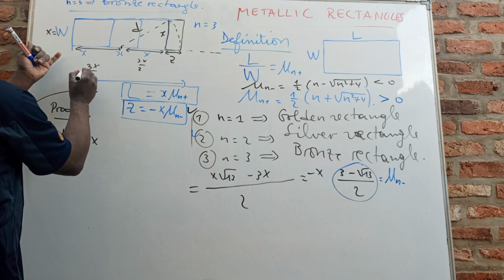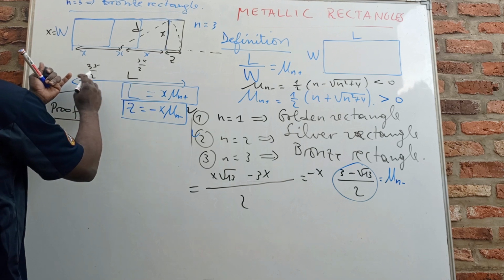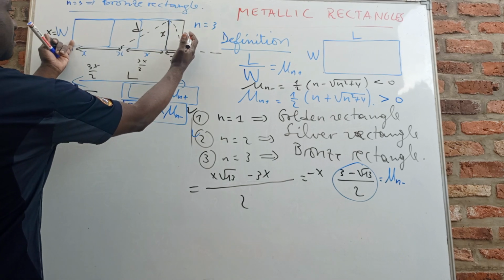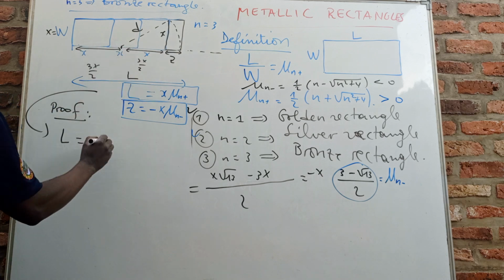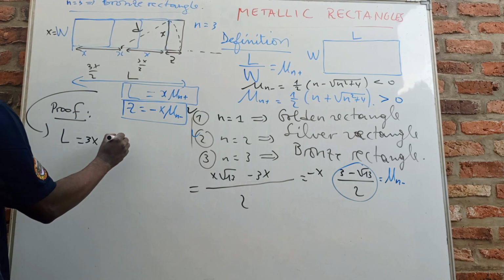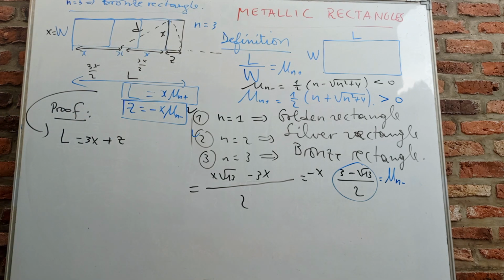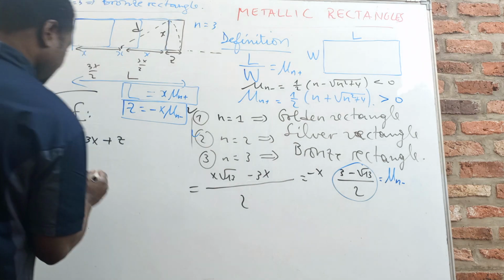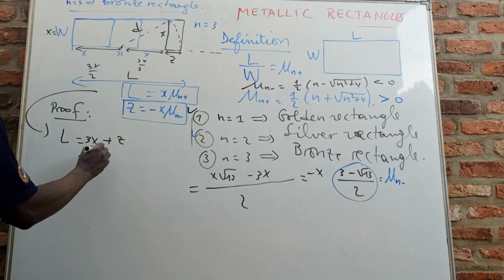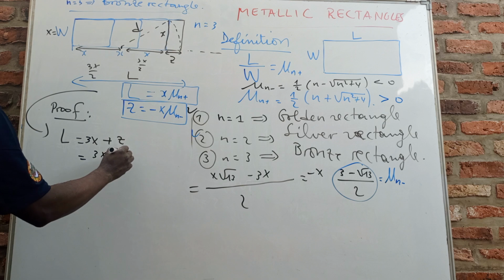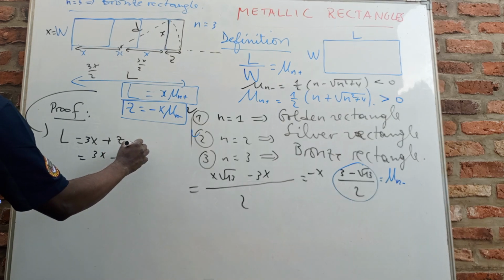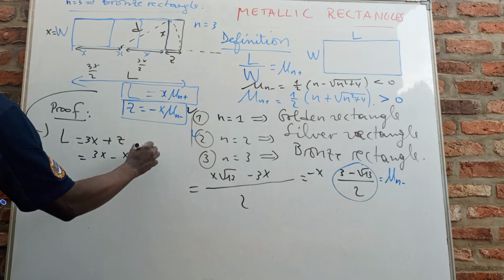So the length is this length from here, 3 times, up to here. We have 3x plus z. Now z you have it there, so it is 3x minus x times 3 minus the square root of 13 over 2.